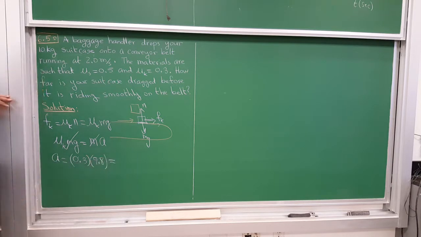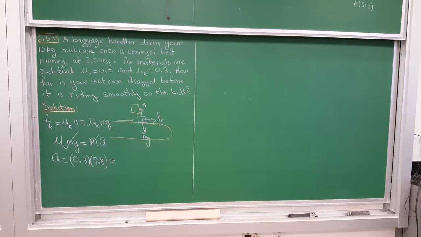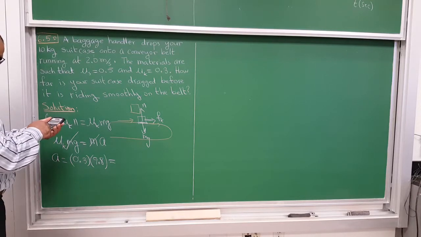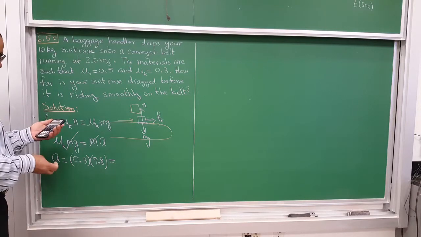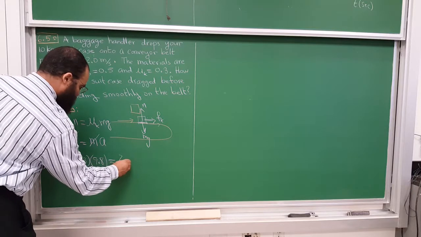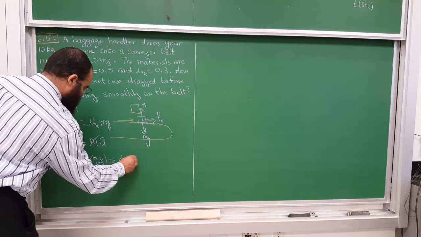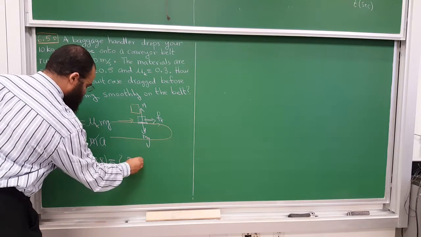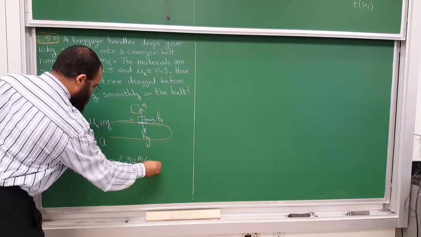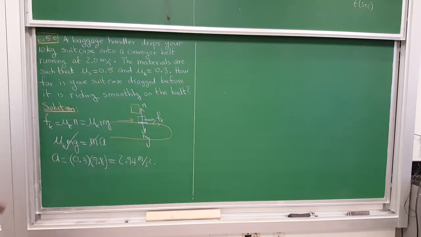I want to use my calculator to do that. 0.3 times 9.8, and I get 2.94 meters per second squared. That's the acceleration. We haven't answered the question yet.